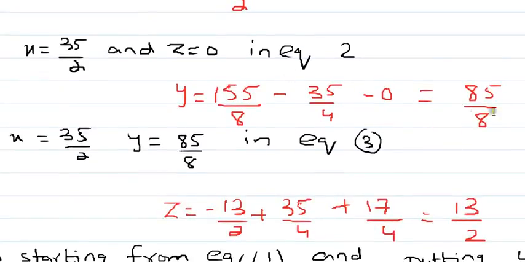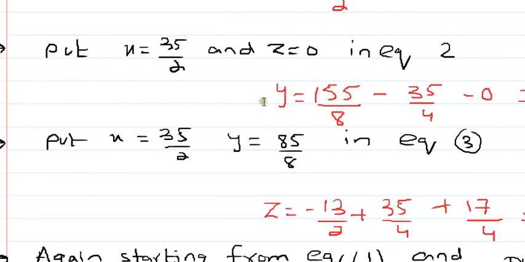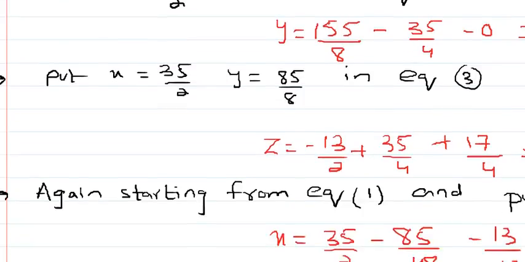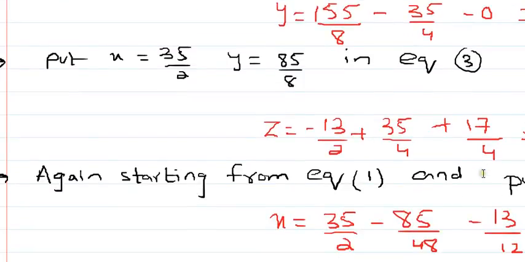Once we get the value of y1, we do not use the value of y0 for the third equation. In the third equation we plug in x as 35 by 2 and y as 85 by 8 instead of 0. When we plug these values into the third equation, we get the value of z1 for the first iteration.